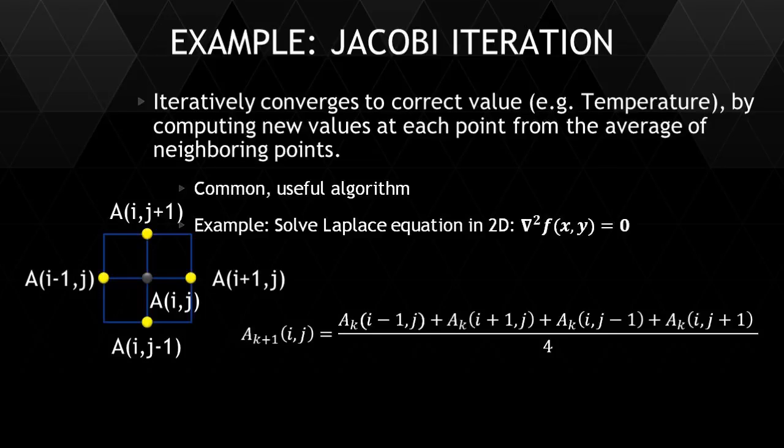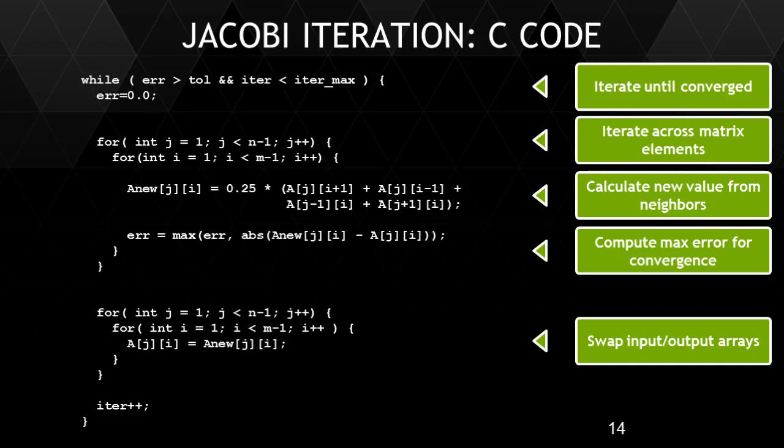And so here's what the code actually looks like. You can see we have an outer while loop. That is our convergence loop. So it's going to continue to iterate until one of two things happen. Either we get to an answer that we consider close enough, and so that's what this error tolerance is.